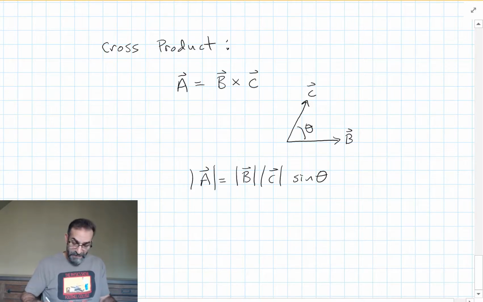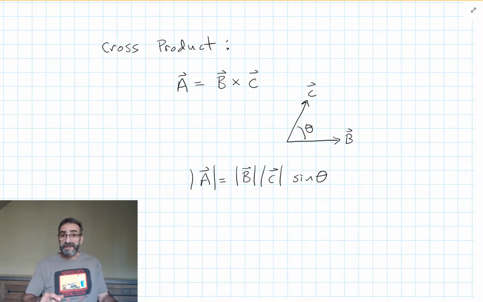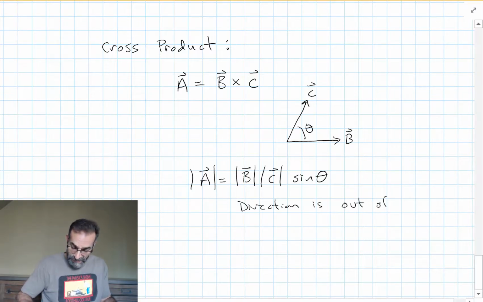And the direction is perpendicular to both B and C. It's perpendicular to the plane that B and C define. So in this case, B and C are in the plane of the page, so it has to be either out of the page or into the page. And in this case, it's out of the page.